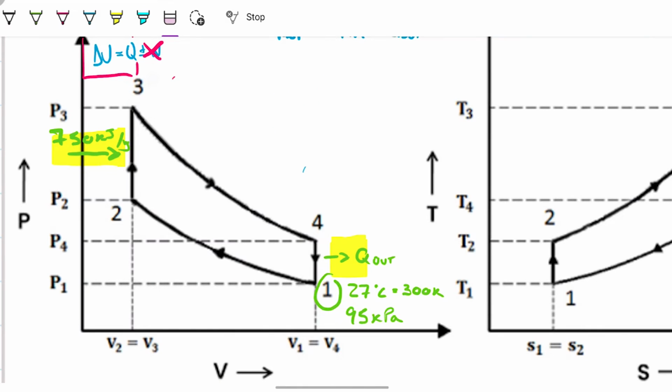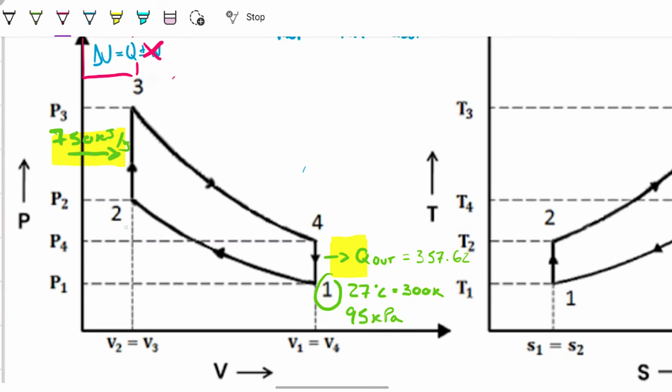At the end of the day, what we found was the Q out, which was one of the things we were after, is 357.662, right? What else did we find?